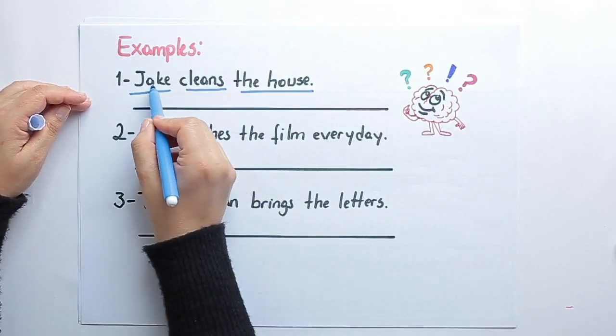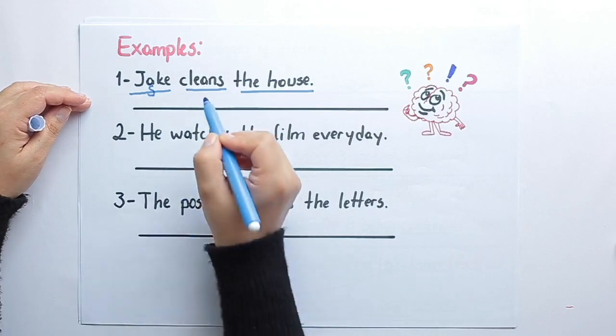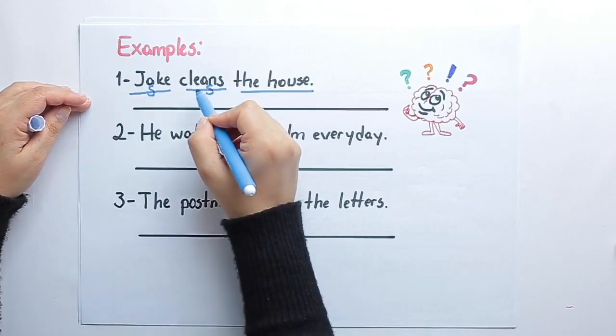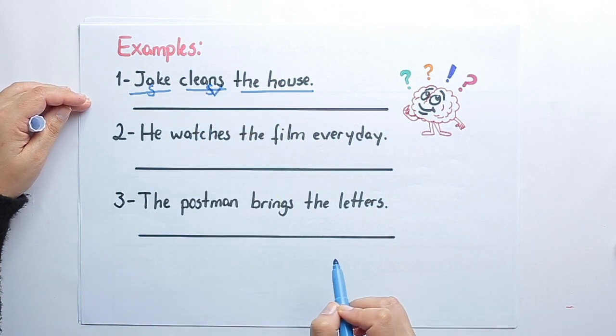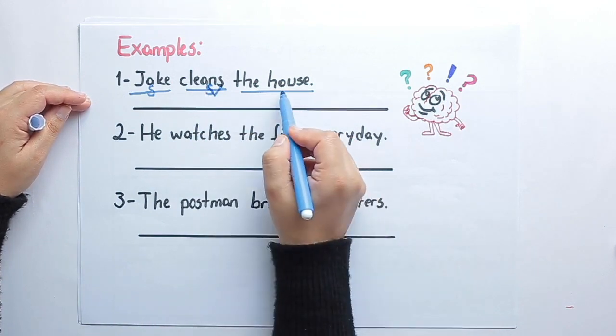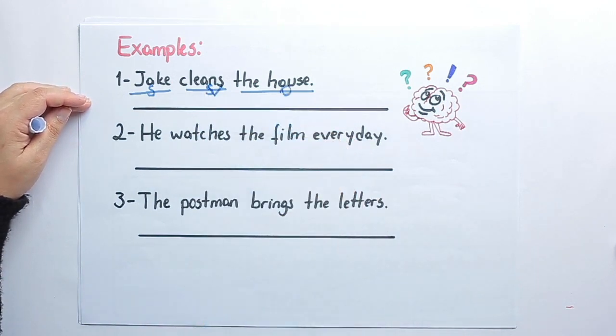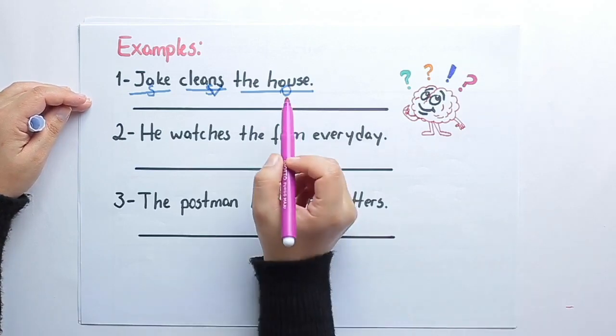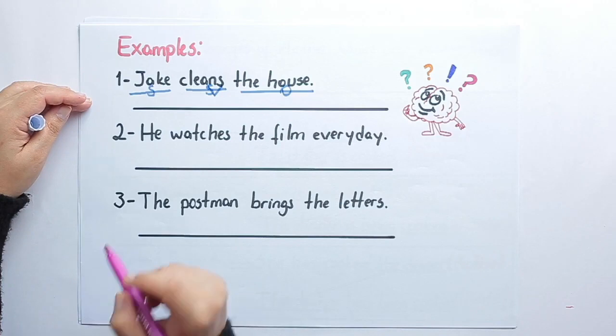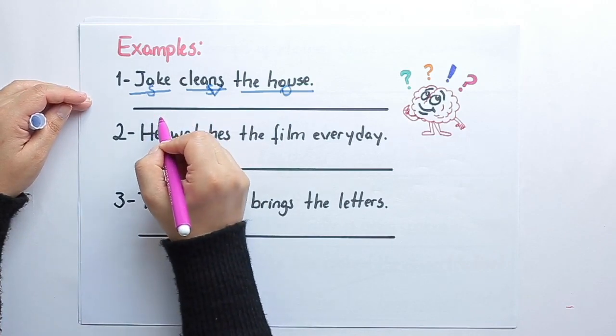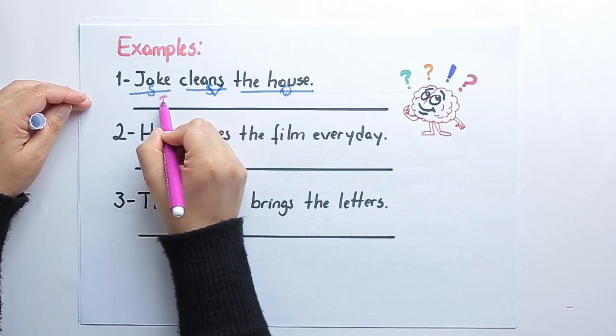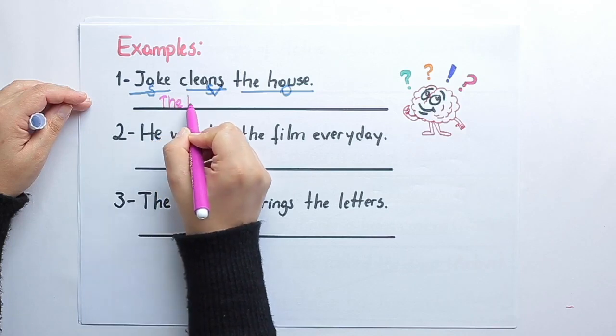Jake is my subject. Cleans is my verb, and the house is my object. So, I will start my sentence with the object of the active sentence. The house.